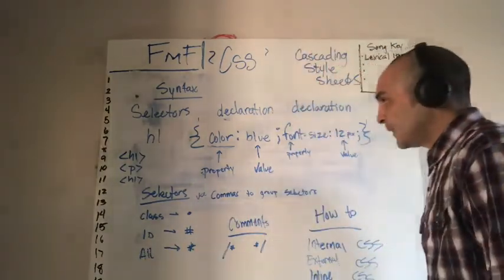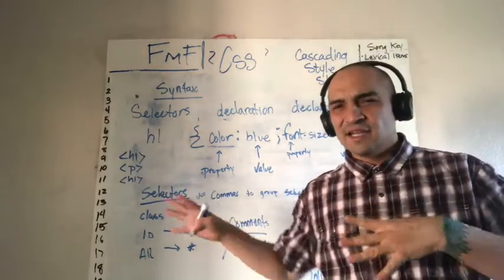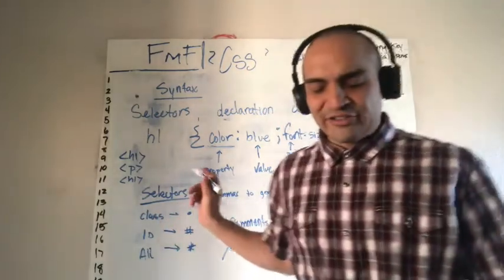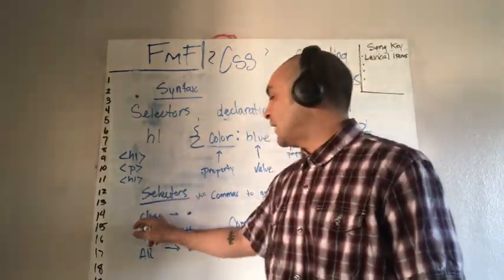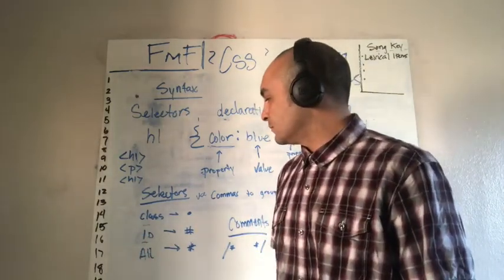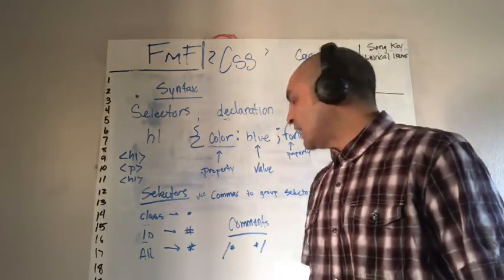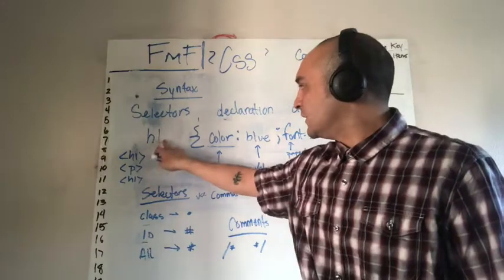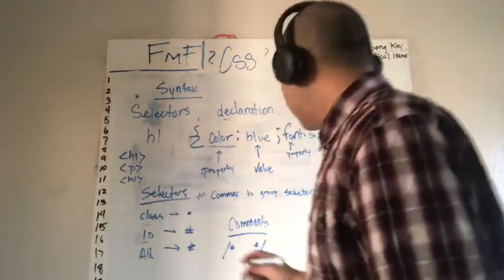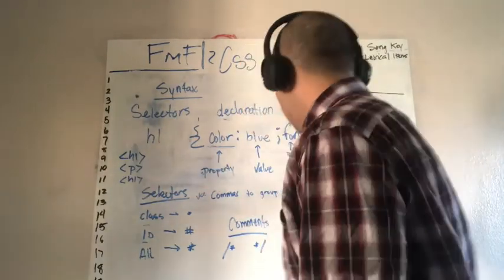But with the selectors, there's more than one way to select an HTML element. If you remember your HTML, you have classes, you have IDs, and you have the tags. You can also group selectors. Say you want to select an H1, a paragraph, a class, and an ID: you can separate them with commas.